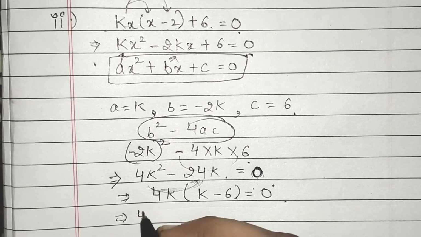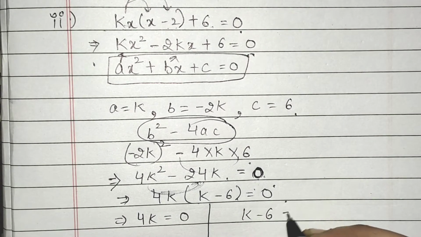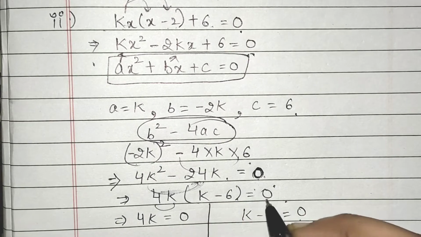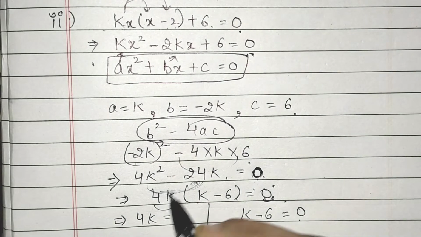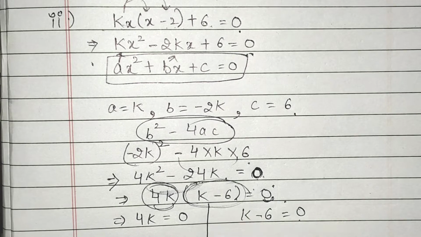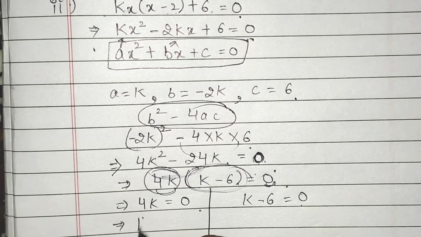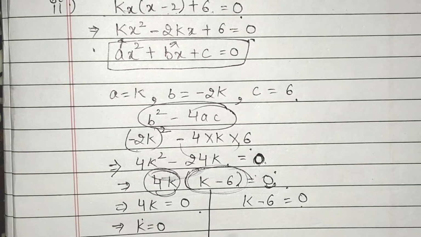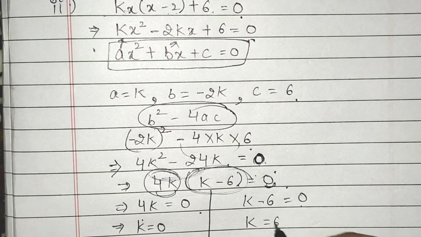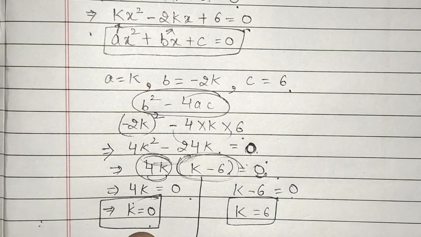Now whenever two things are multiplied and the result is 0, what happens? Either this value is 0 or this value is 0. So 4k is equal to 0, so that means either k is equal to 0 or k is equal to 6, right? So can k be equal to 0?